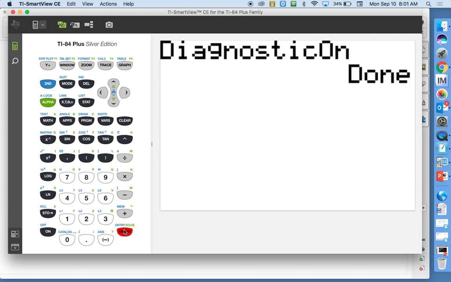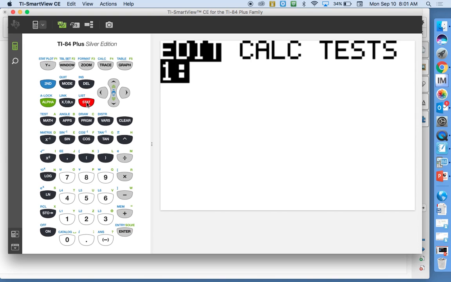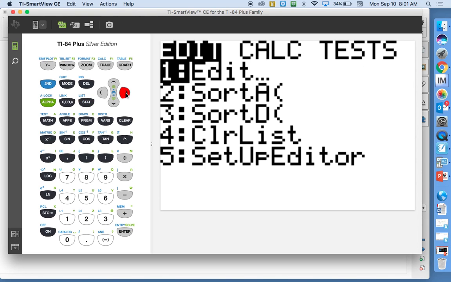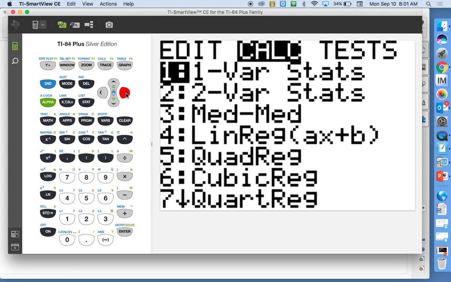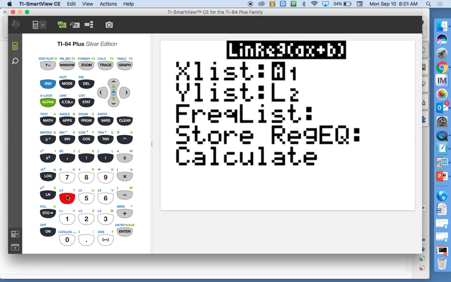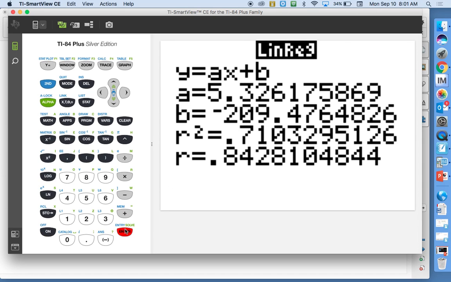And then I want you to go back and try and grab the equation again. So we're going to go back to stat, over to calculate, and hit number 4 a second time. And when you do that, you should now see an A, a B, and an R. You don't need the R squared, we just need the R. So the correlation coefficient is the R value, that's 0.84.